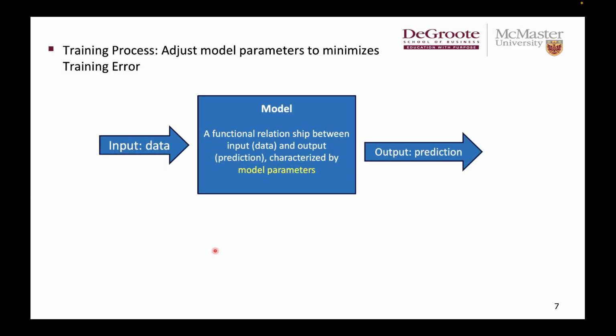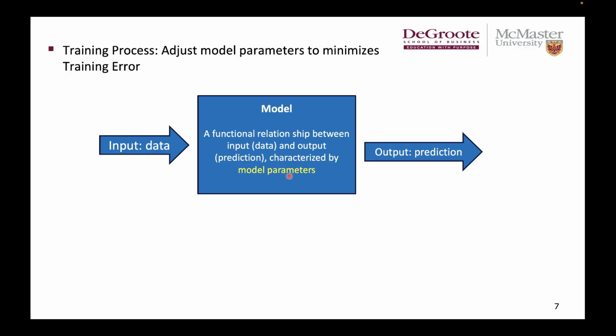So we have the model in the middle, represented by a box. In our case, this is really the pipeline. And every model is sort of characterized by the model parameters, like in linear regression, we have the coefficients and an intercept. So the model really maps inputs into outputs.